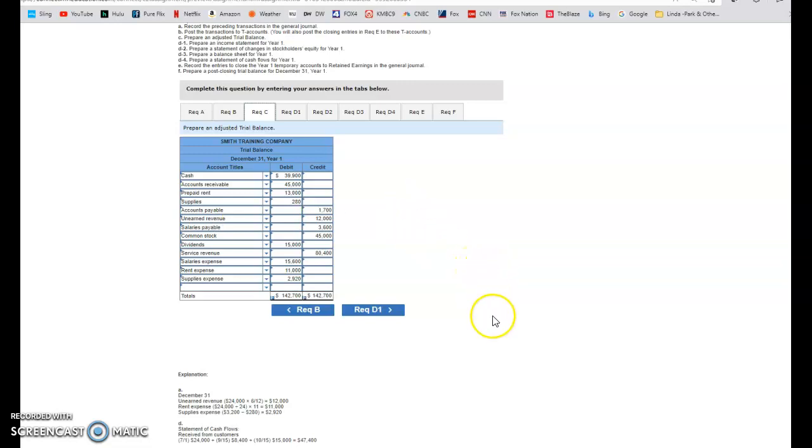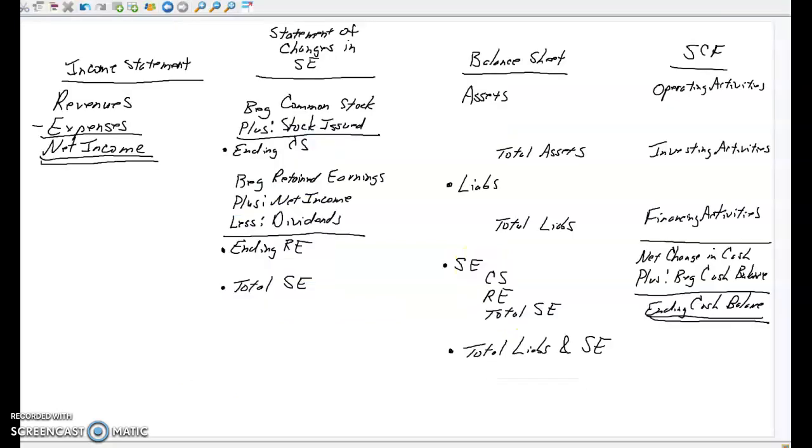Okay. Now, let's review the financial statements before we actually write them out. So here's our skeleton of the financial statements. The income statement, all we're doing is taking revenues minus expenses. That's our net income. The second statement we write out is a statement of changes in stockholders' equity.